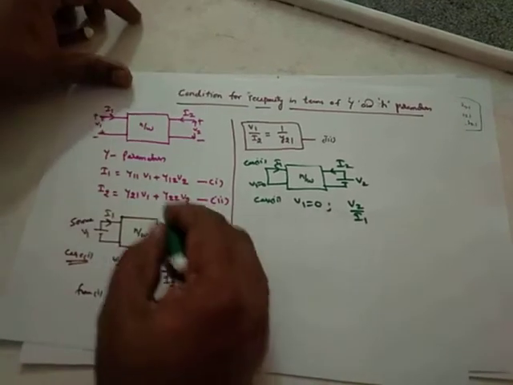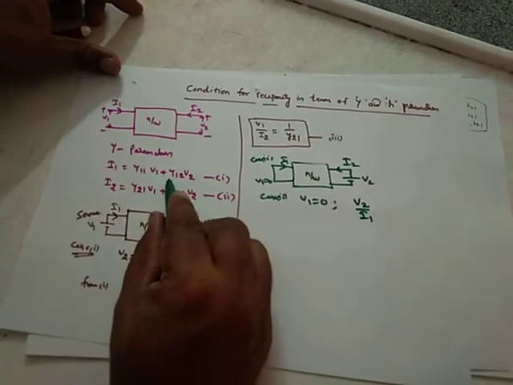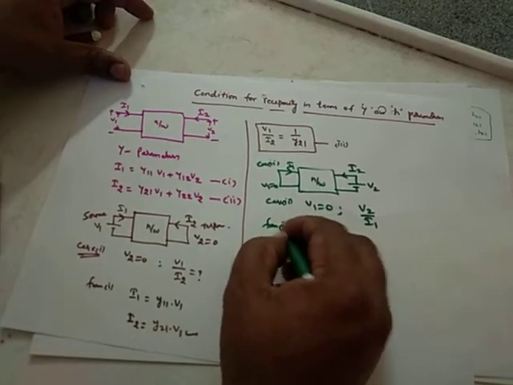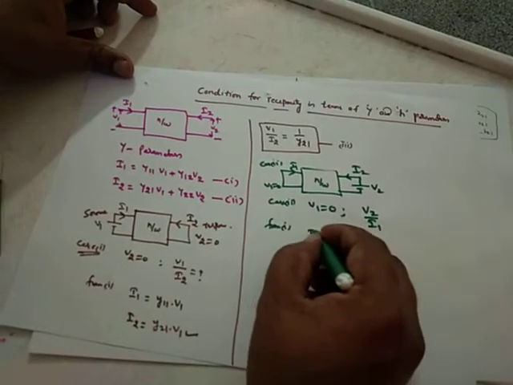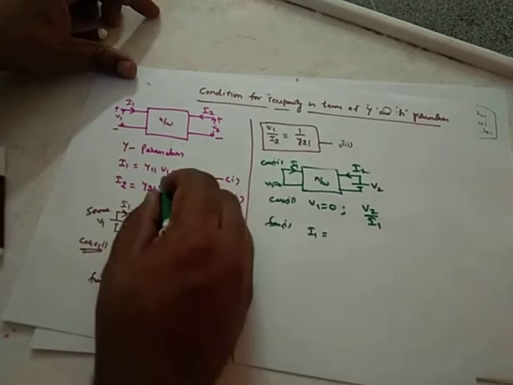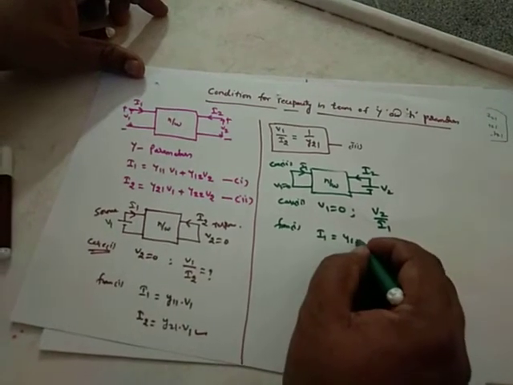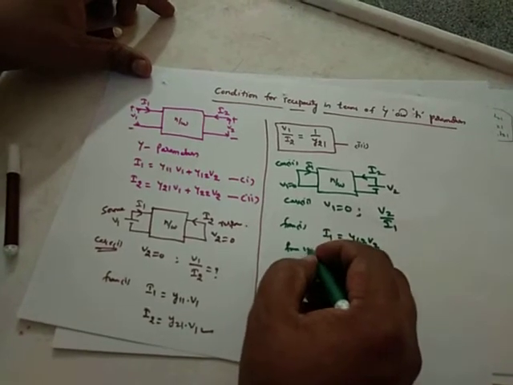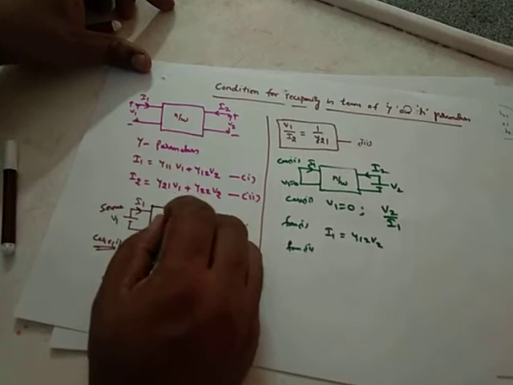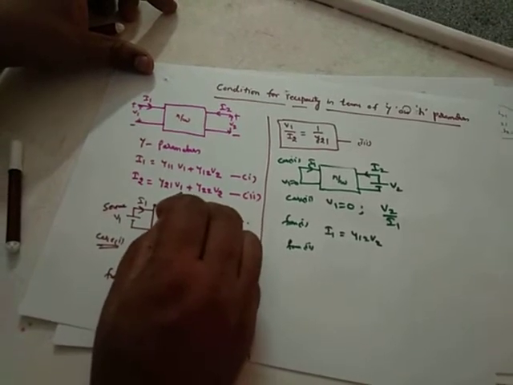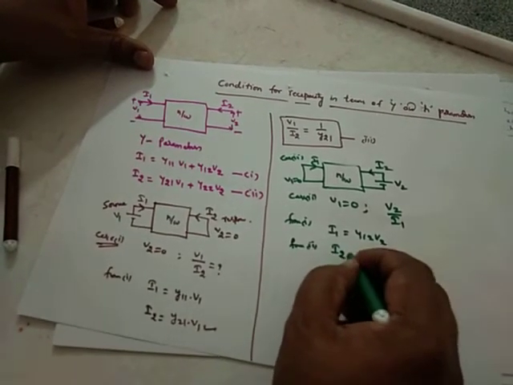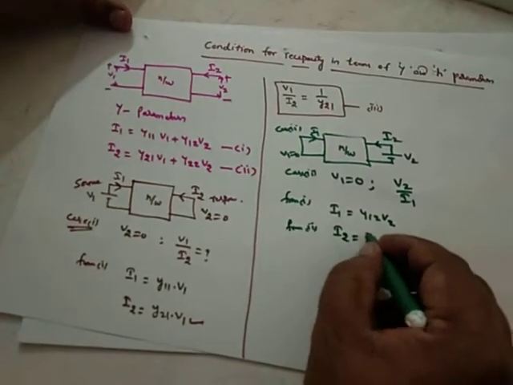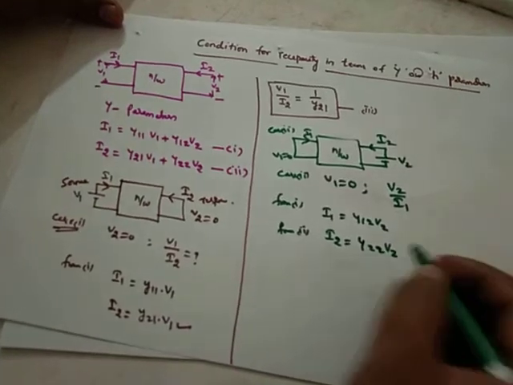Same, using the basic equations, apply the condition V1 is equal to 0. From basic equation 1, with V1 equal to 0, I1 is equal to y12 V2. From equation 2, with V1 equal to 0, I2 is equal to y22 V2.